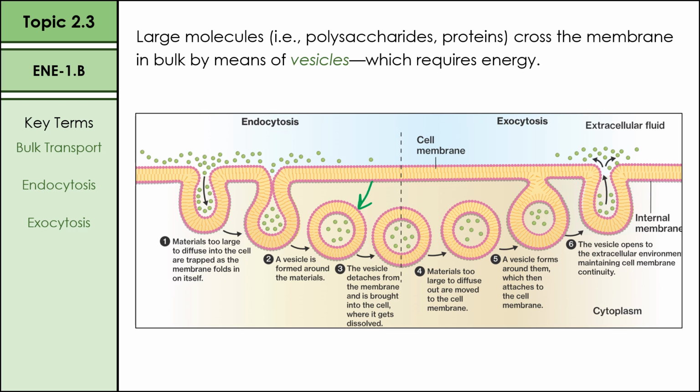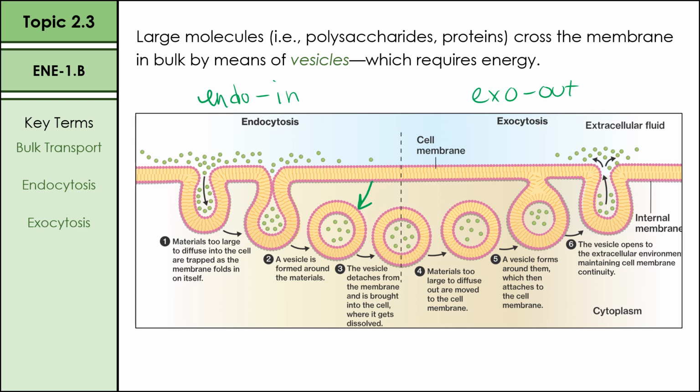So pay special attention to these prefixes, endo, meaning in, and exo, meaning out, and that will help us determine whether or not we're going into the cell or we're going out of the cell. But essentially, both of these processes work in the same general way. It's just direction that changes.